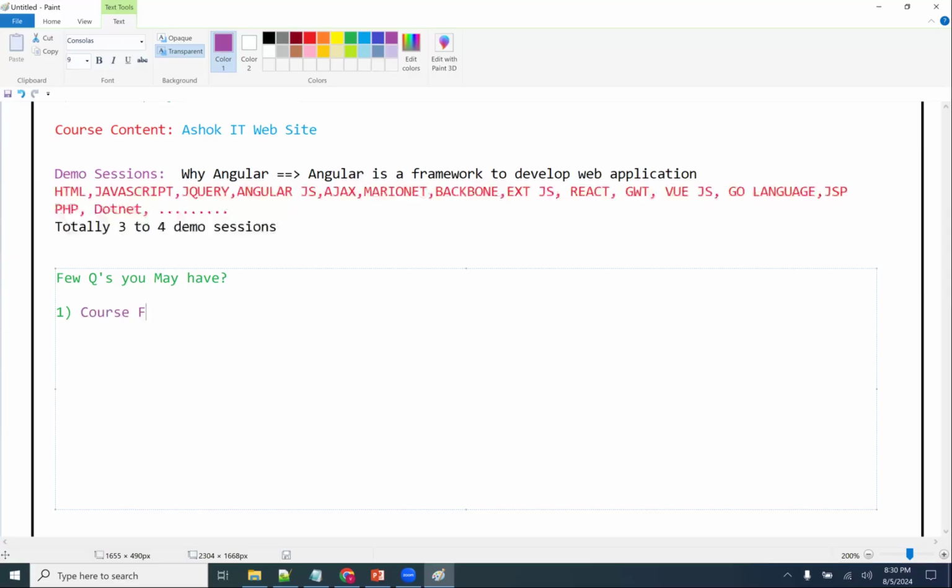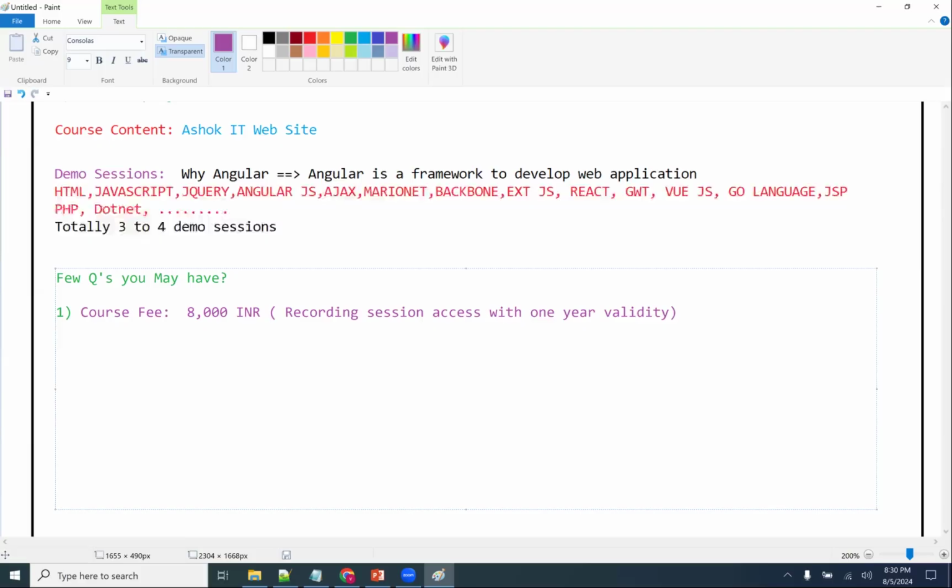Course fee. This is a question you may have, guys. It is 8,000 rupees. That includes recording sessions access with a 1 year validity.